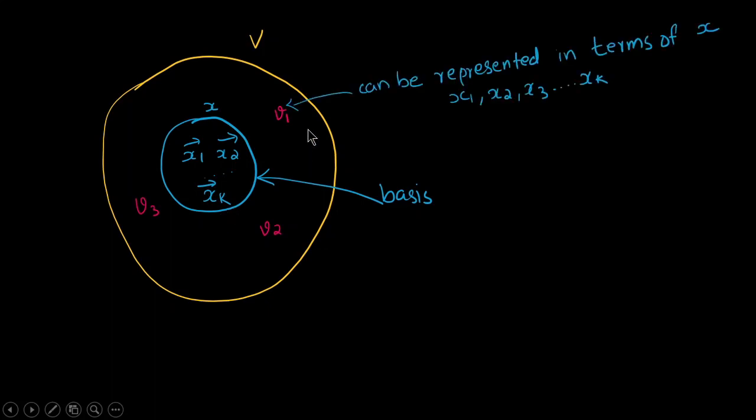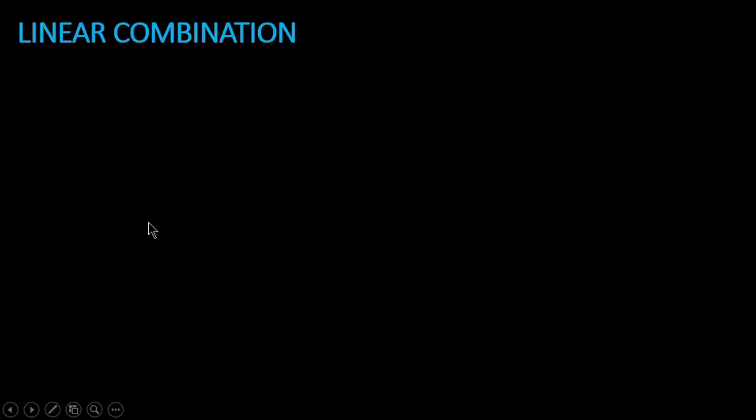For example, v1 can be represented in terms of the vectors x1, x2, x3, etc. up to xk. Similarly, v2 can also be represented in terms of x1, x2, x3, etc., and v3 also.